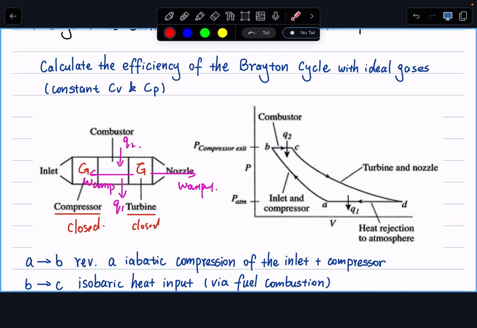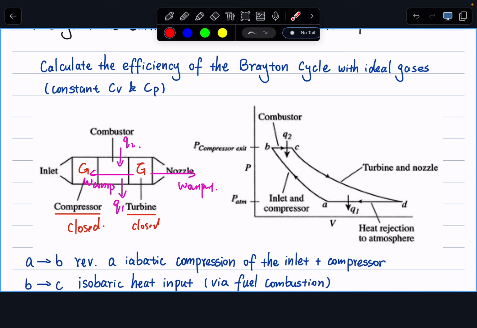So we define efficiency to be work output over heat input. Right.